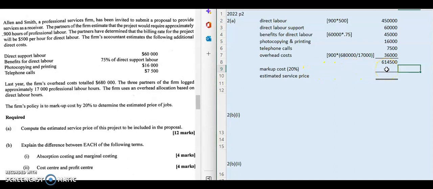All right, so 20% of this number is how much money? 122,190. And that should give us the estimated price when we add these two things together. So let's add those two things together.